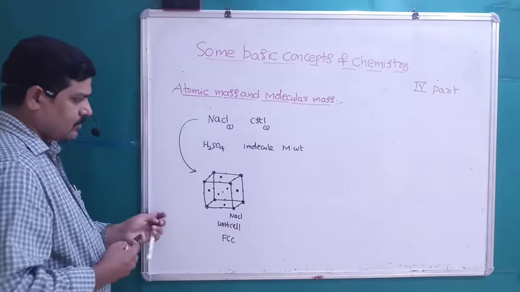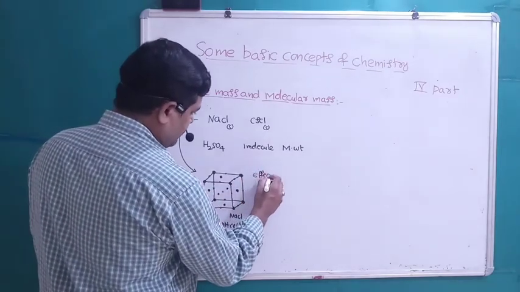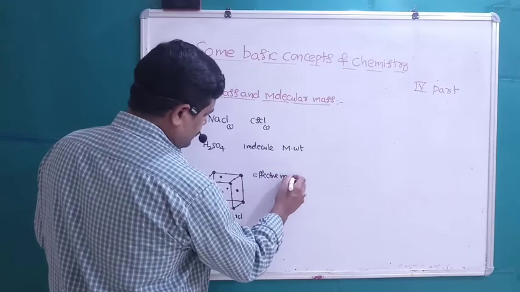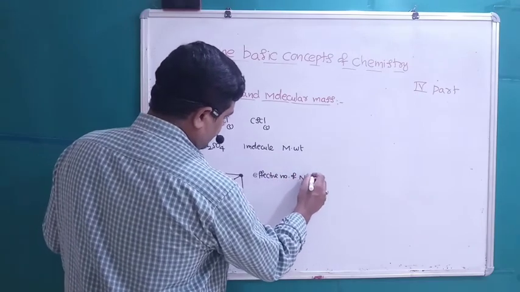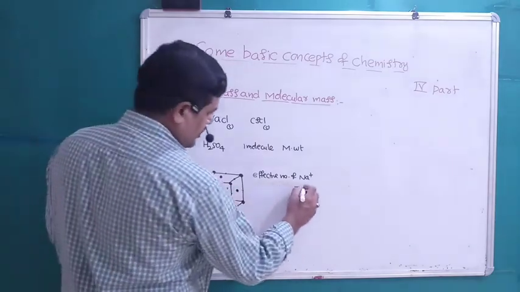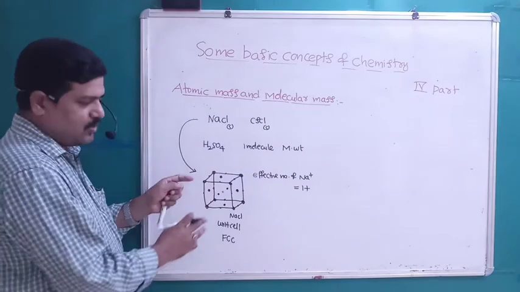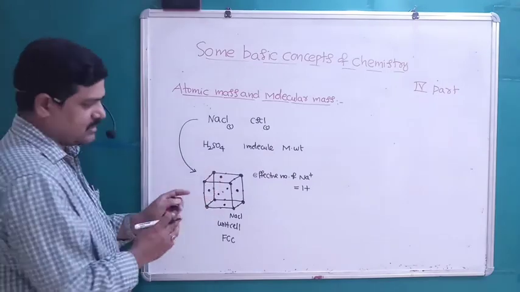Then if we calculate the effective number of Na plus, 1 is present inside the body center. This represents only the particular unit cell because it is inside the unit cell.